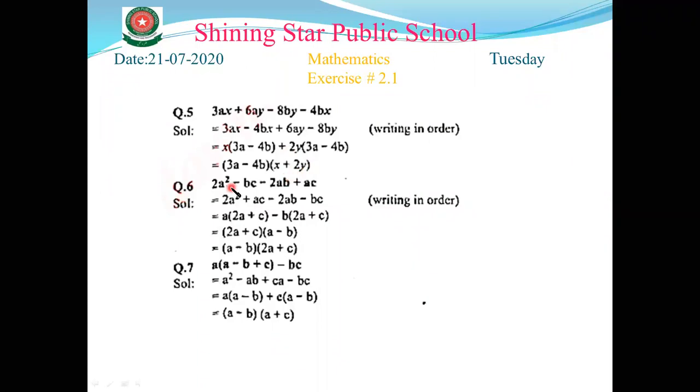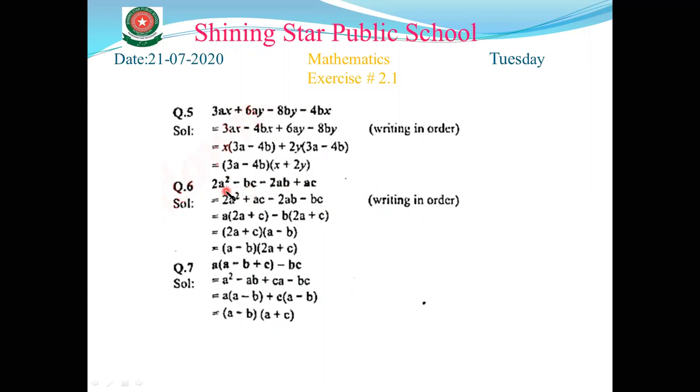Question number 6. 2a square minus bc minus 2ab plus ac. Now, again, we can write them in order. So 2a square plus ac minus 2ab minus bc. We know that if we don't arrange them, we don't get a common factor from the first two terms, 2a square minus bc.